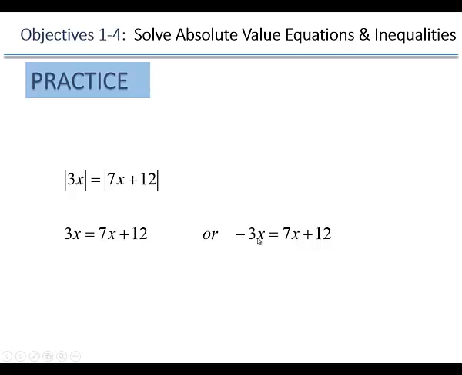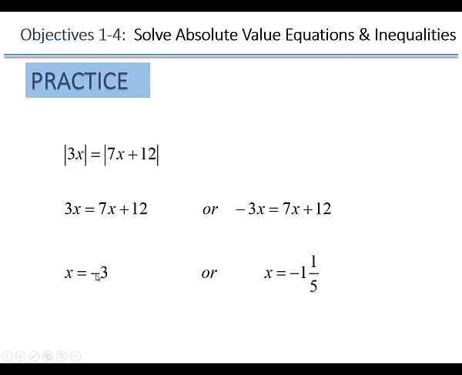Or the other case is that they were opposite signs, and I chose to just make the one on the left negative since that's the simpler one. So there's the 2 cases that we need to consider. And of course they can both be solved without too much trouble. I trust that you could do the algebra. Our left scenario yields a solution of x equals negative 3, and the right scenario yields a solution of x equals negative 1 1/5.